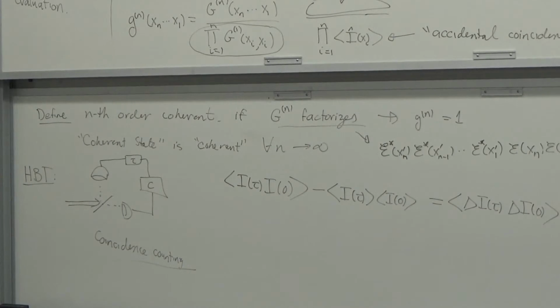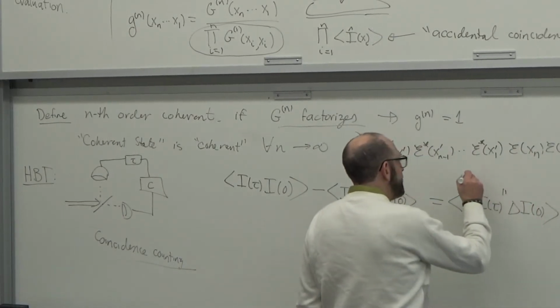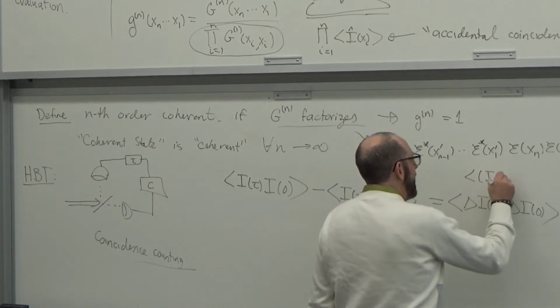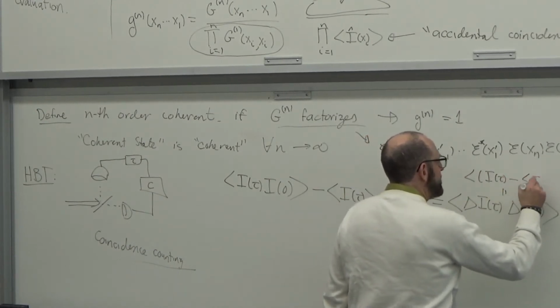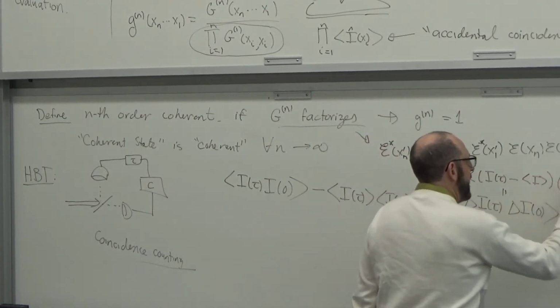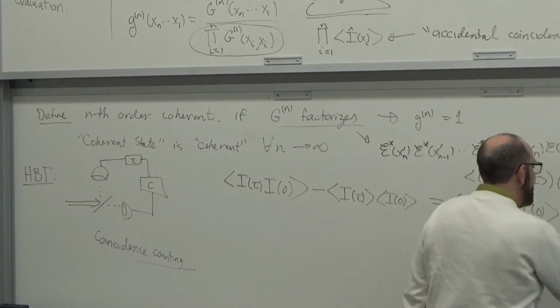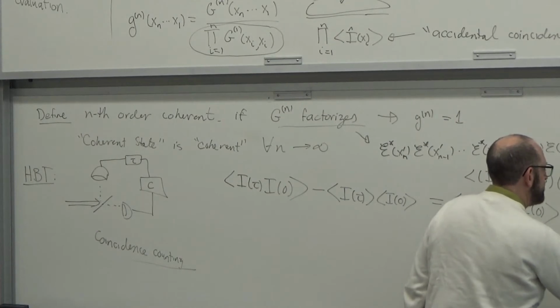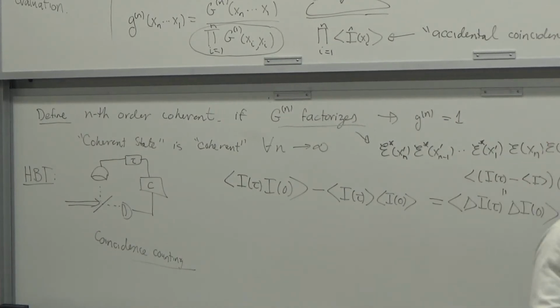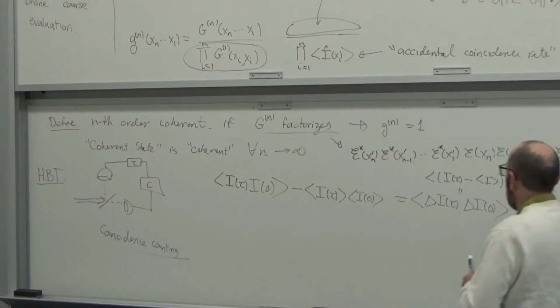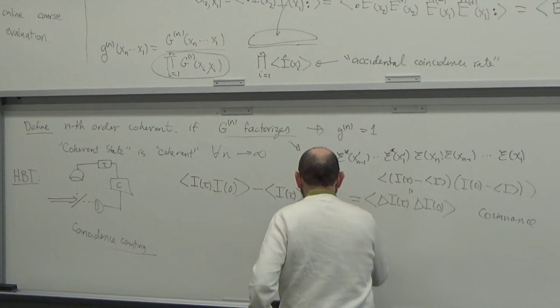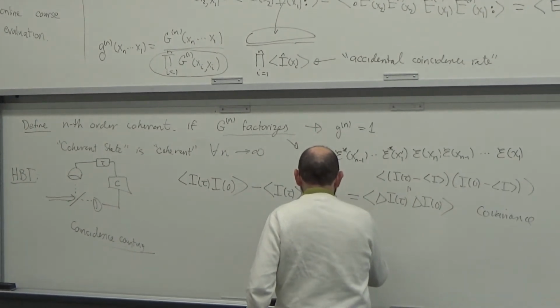That's just a shorthand for the expected value of I minus the average I, times the I at 0 minus the average I. This is what we would call the covariance. And when tau is equal to 0, this is just equal to the variance in the fluctuation.